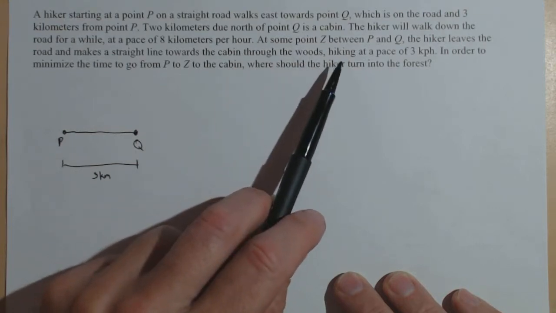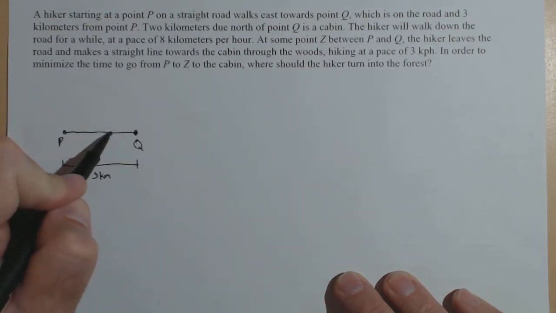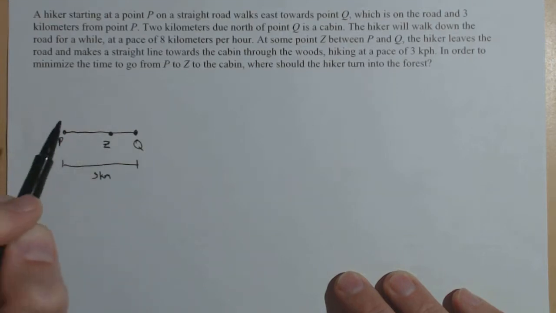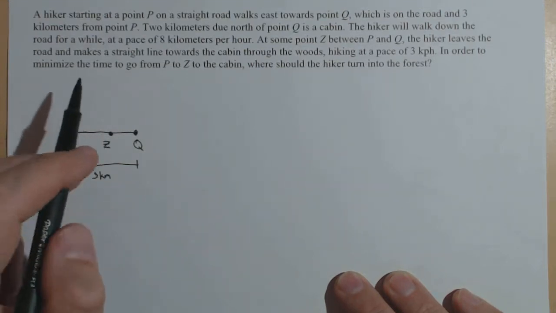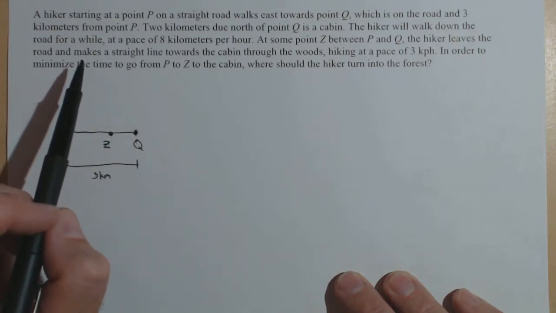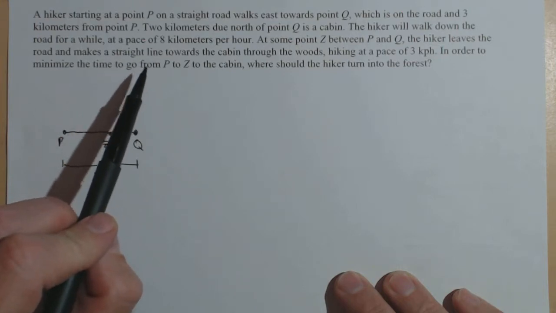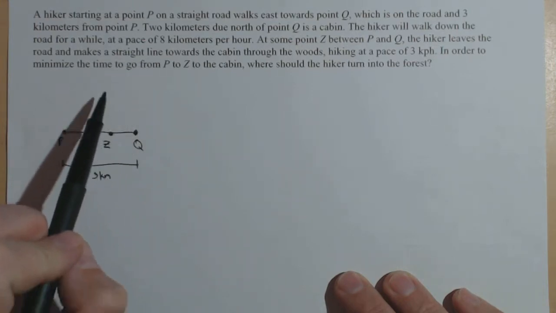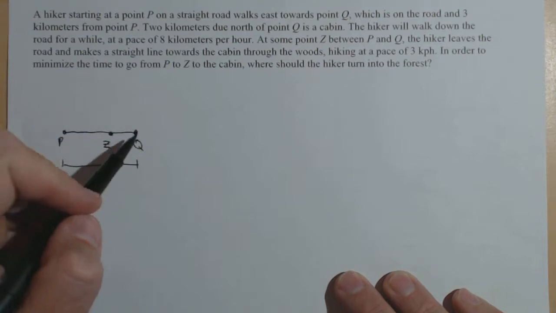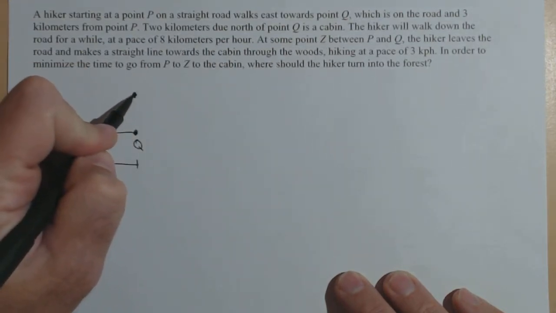At some point Z between P and Q, the hiker is going to leave the road, so let's just put an arbitrary Z in here, and head towards a cabin in the woods that is directly north of point Q. Missed that line. 2 kilometers north of point Q is a cabin.